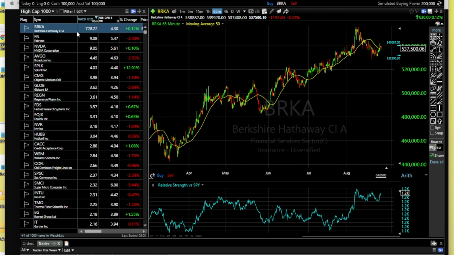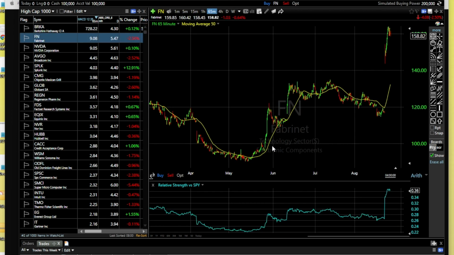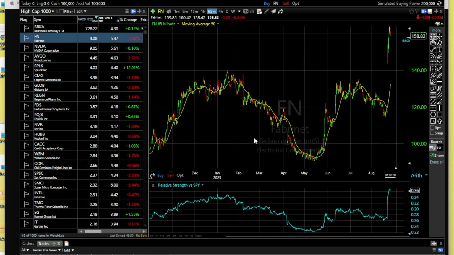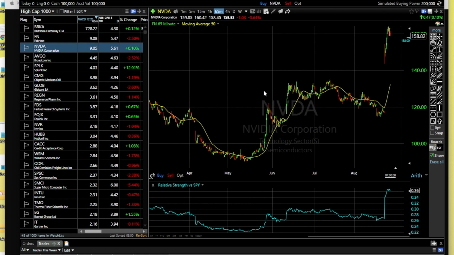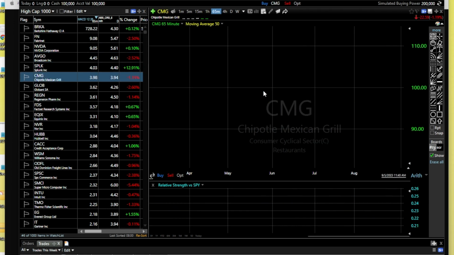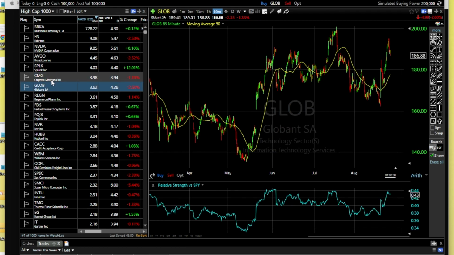So in this case, I click on the top one, Berkshire Hathaway, and I can see that in this time frame, 65 minutes, it is an uptrend. And Fabrinet, the stock's ripping right there. That's in a 65-minute uptrend. NVIDIA, obviously, and you just go through these things.